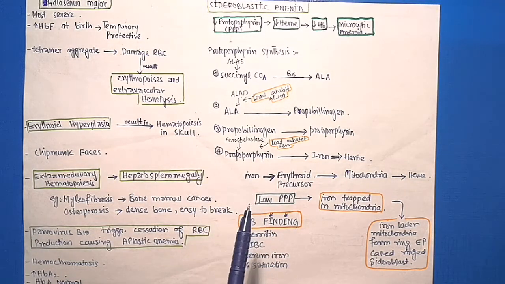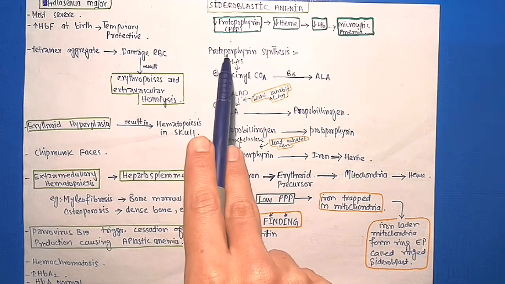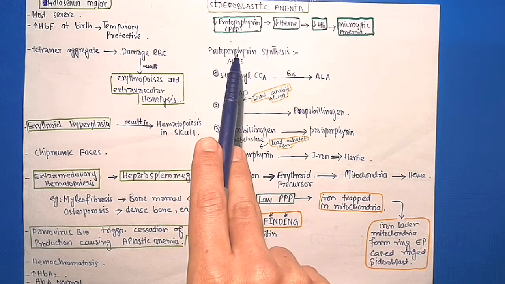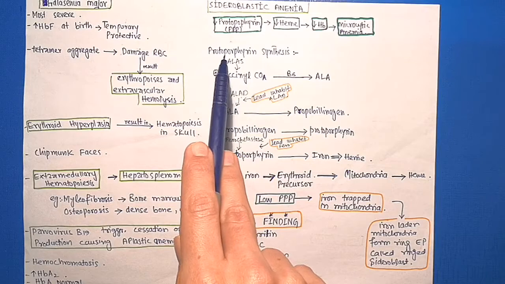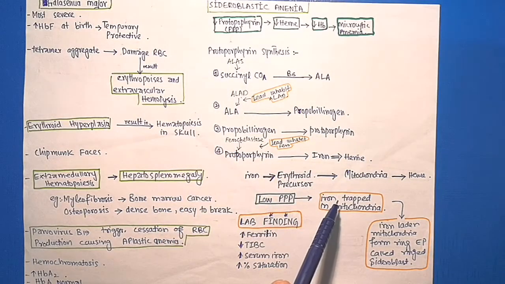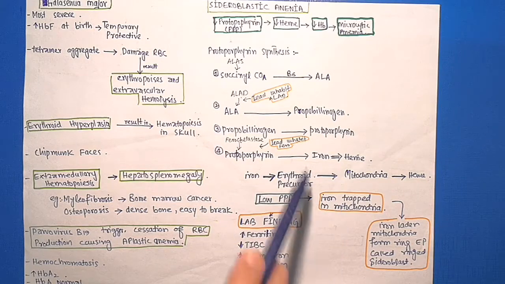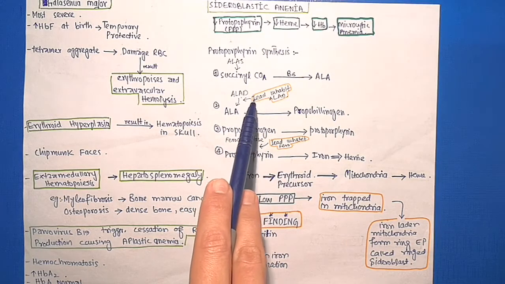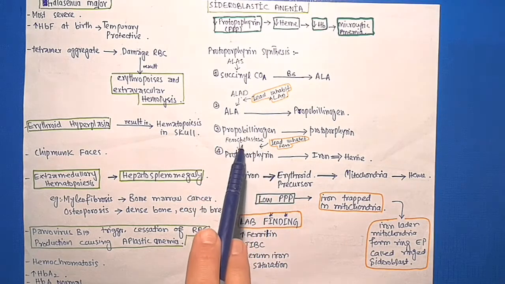The congenital defect mostly involves ALAS, which is the rate limiting enzyme, and acquired causes are alcoholism, which is mitochondrial poisoning, and lead poisoning, which inhibits ALAD and ferrochelatase.